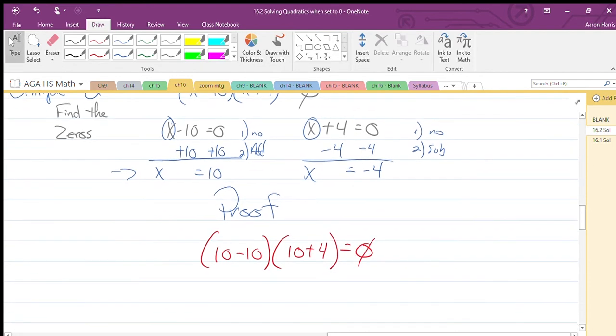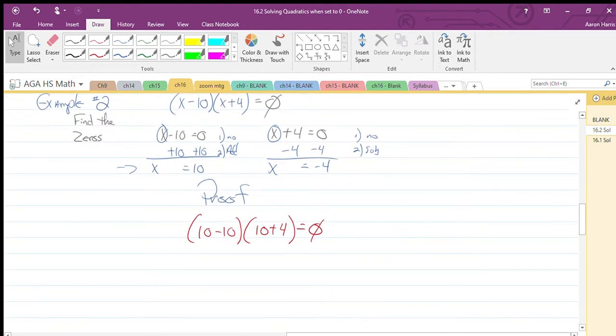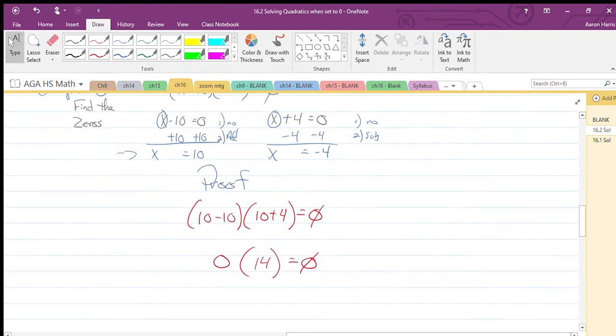That's what it says up there, right? So let's see what happens. 10 minus 10 is what? 0. 10 plus 4 is what? 14. Does 0 times 14 equal 0? 0 does equal 0. So 10 works. Now let's try -4. So -4 minus 10.